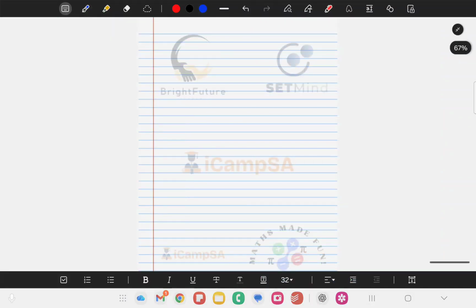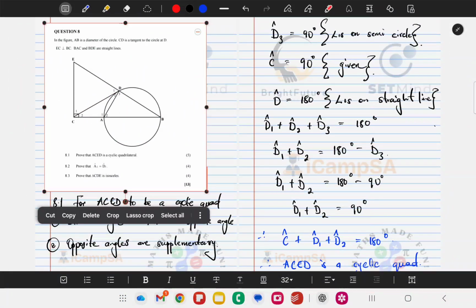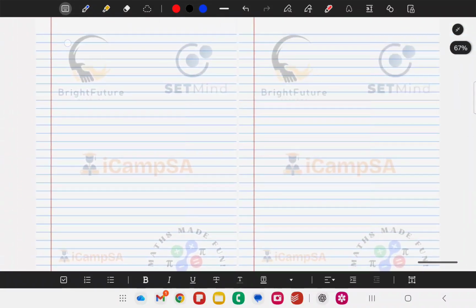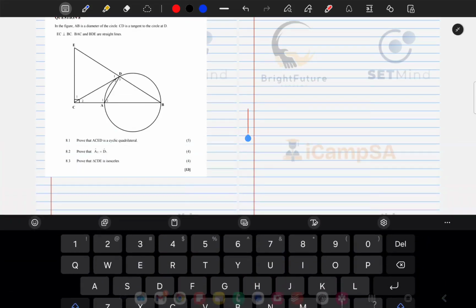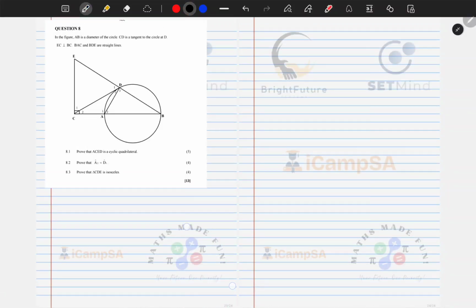So let's go ahead and solve the second one now, which is 8.2. What they are saying here is we need to prove that A2, which is this angle here, is equal to D1.